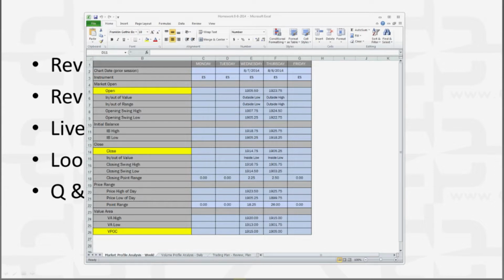I remember yesterday we looked at the different areas, swing high, swing low, and how the low volume areas start to separate the different swings, so that let's say you come down through a low volume area and you can see a high volume area, a price distribution zone, then a low volume area. You come down through that low volume area, and then you have, and I'll just show it to you here.